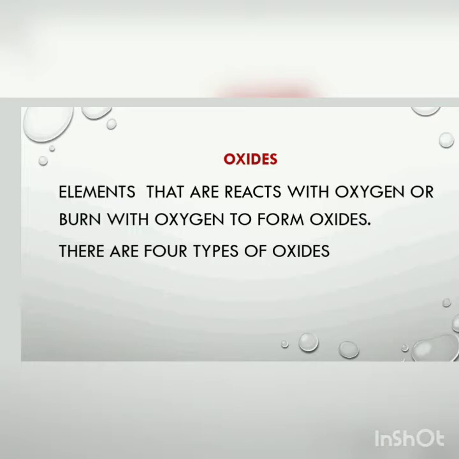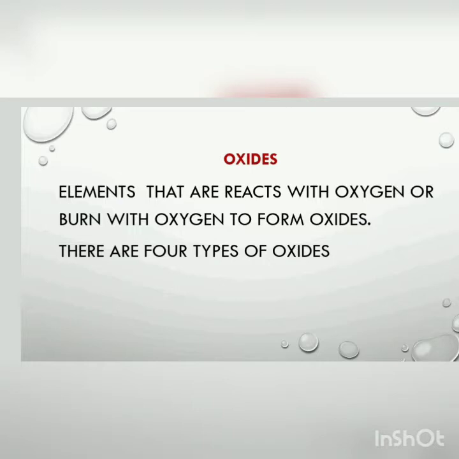Yes, the reason is iron reacts with the atmospheric oxygen and forms iron oxide. So this iron oxide is nothing but rust. Okay. So this is one type of oxide. These are the examples of oxides, right?